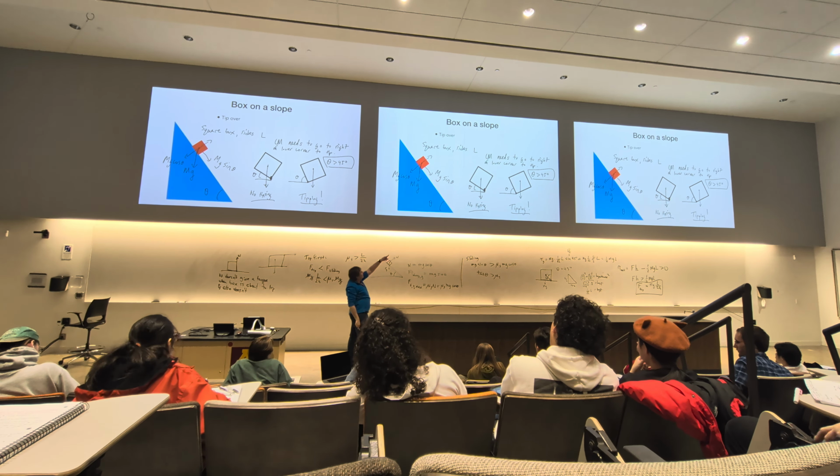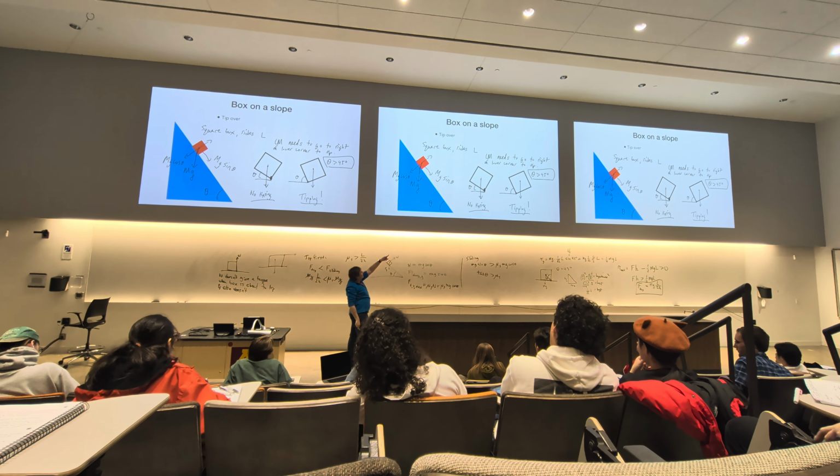for it to tip over, the force of gravity has to not be balanced by something. Do you understand that? So right now, the torque due to gravity is trying to pull the thing into the hill, but it can't go through the hill.